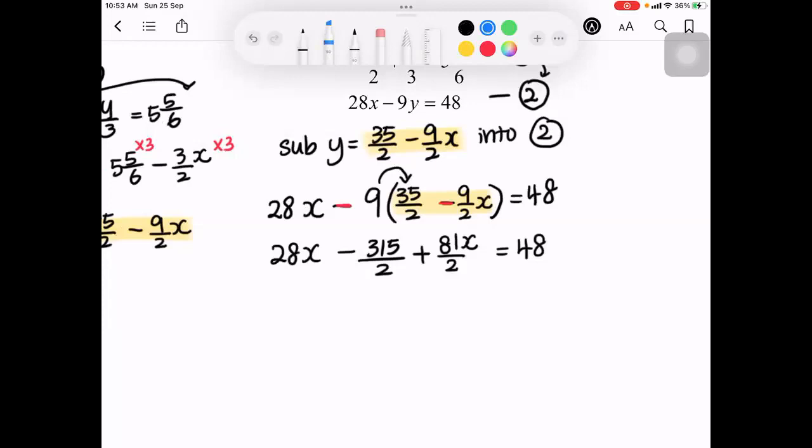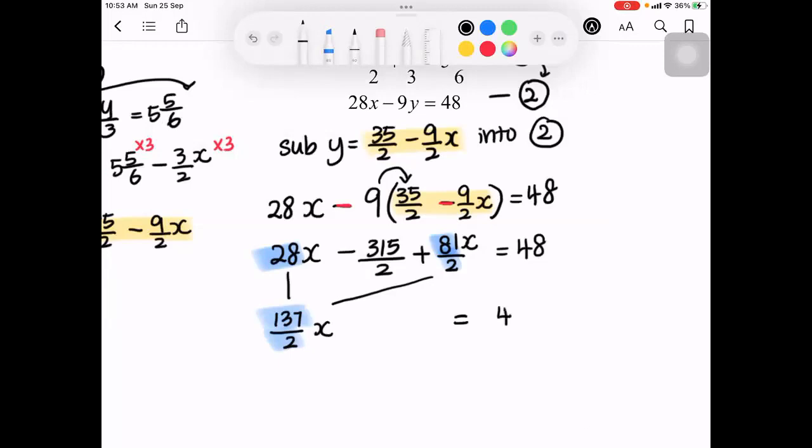Firstly, we look at the x, 28x and 81 over 2x. We group these two together. So we add these two together, 28 plus 81 over 2. Use your calculator wisely. Just copy the number, 137 over 2x. Then this part here, we put numbers.